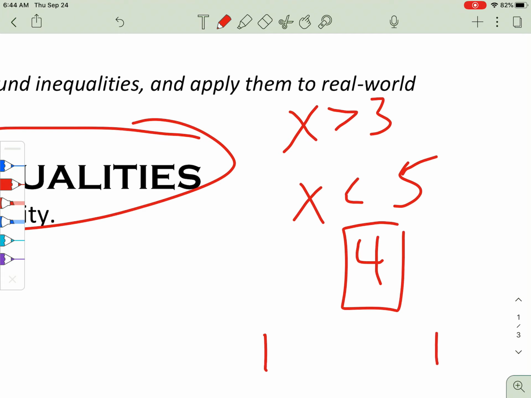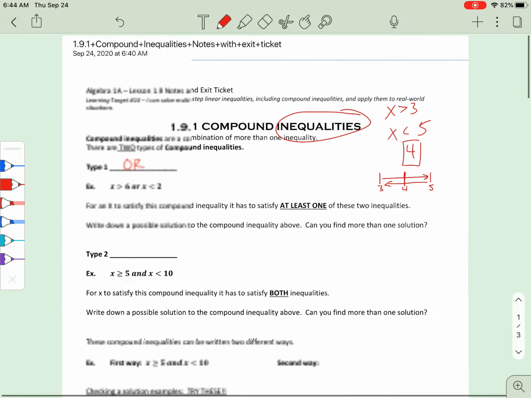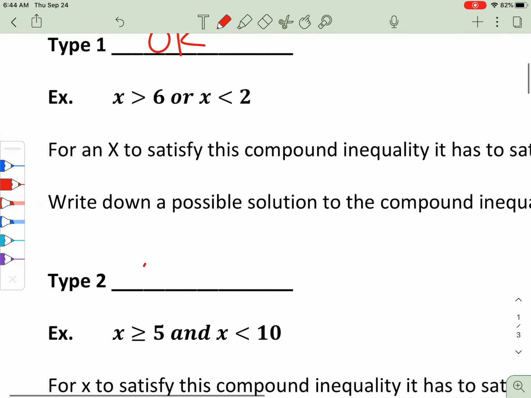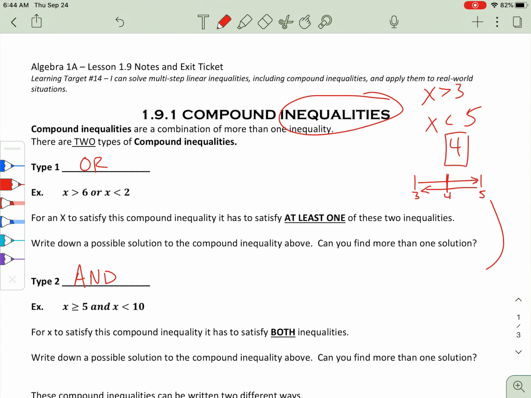If you think about a number line, I'd have 3 and 5, and it had to be bigger than 3 but less than 5, so the only number in there would have been 4. So that's an overlap. That's the second type. That's called an AND statement.